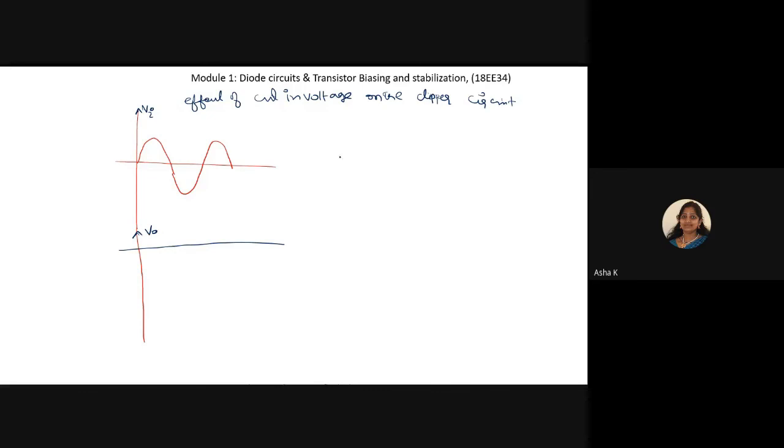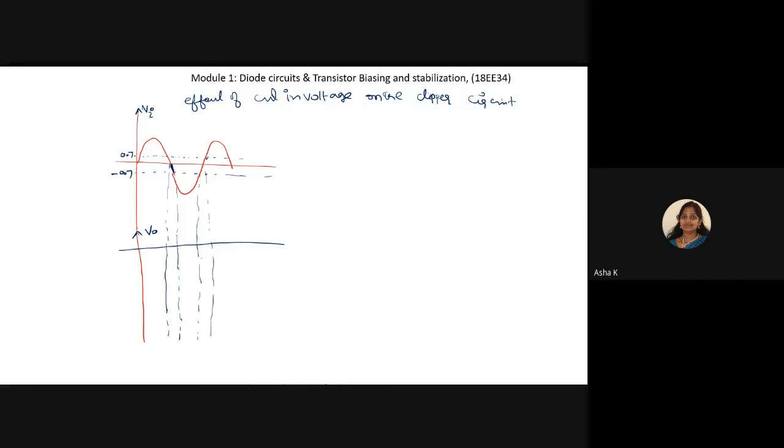So we know already that it is a positive clipping circuit. The knee voltage here will be 0.7 above, minus 0.7 below. It is conducting only during the negative half cycle. Whenever we have the negative half cycle, just draw the circuit like this. After minus 0.7 volts only, it starts conducting and produces the output voltage.